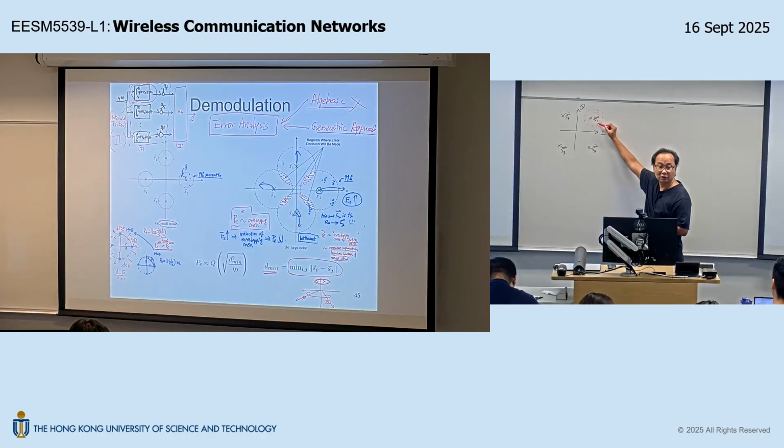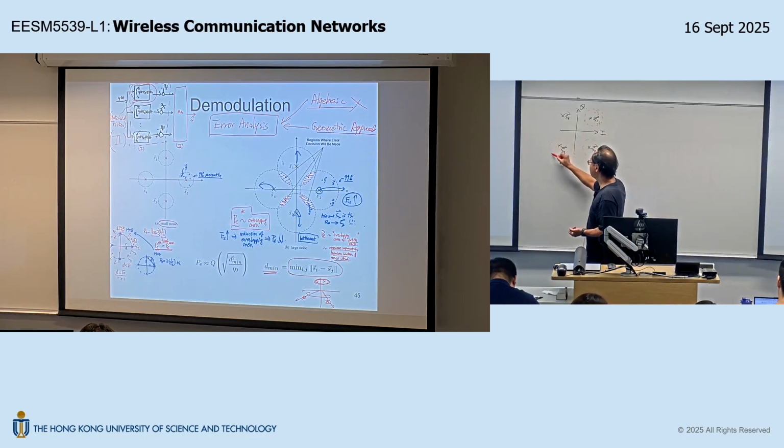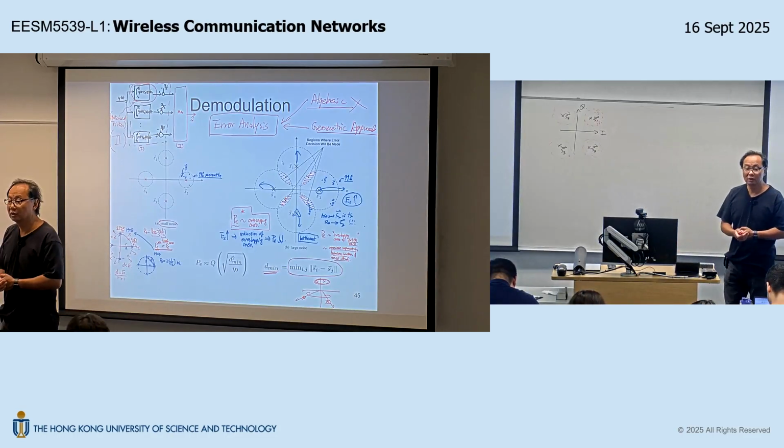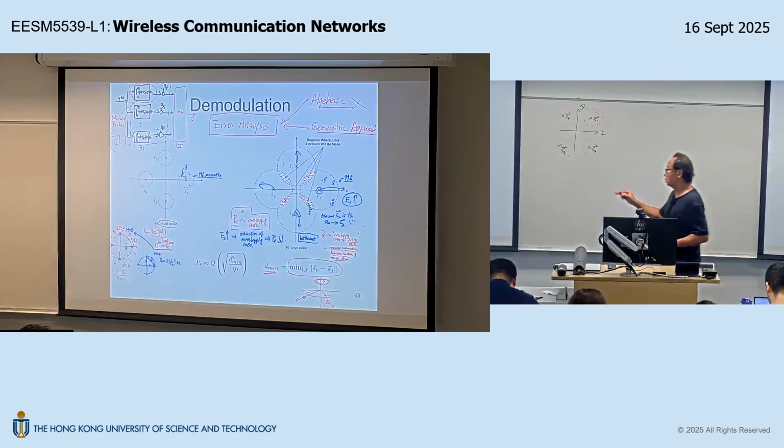Again, you don't make a mistake. So in this case of small noise situation, likewise, if you assume you transmit S2, then most likely the observation will fall within this noise cloud, and in this case, you also won't make a mistake. Is that okay? So that is the small noise scenario.